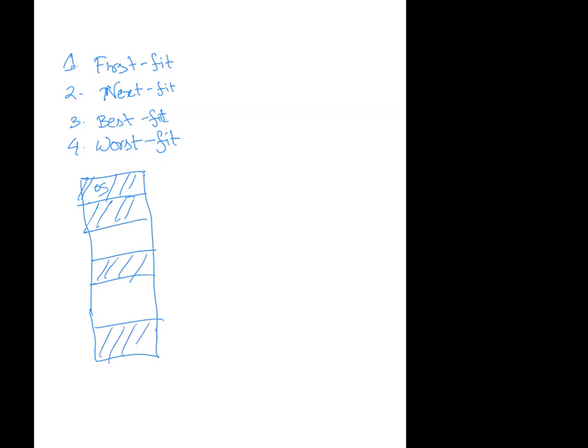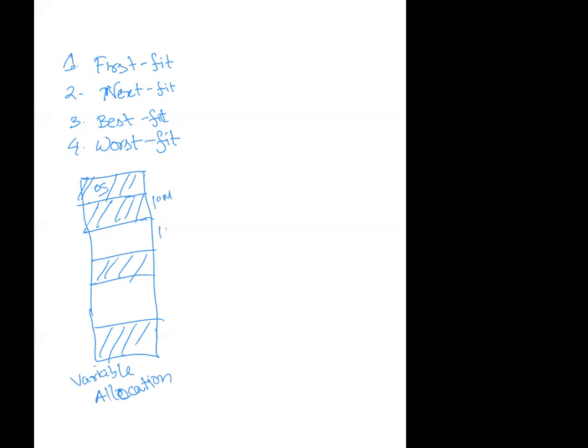You can imagine that this type of structure can happen at any time. For example, let's say this is a 10 MB process. This is for variable allocation, contiguous variable allocation. This is a 1 MB process.